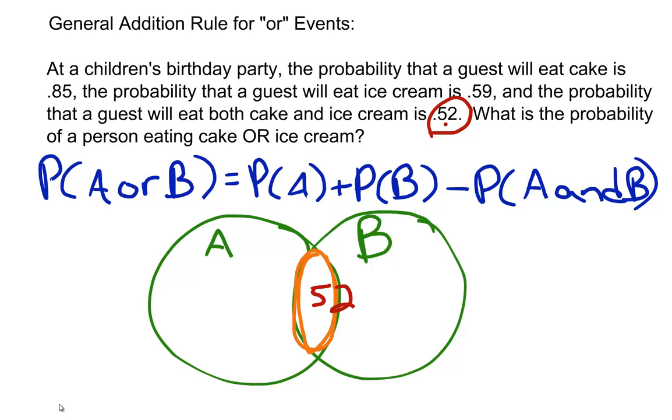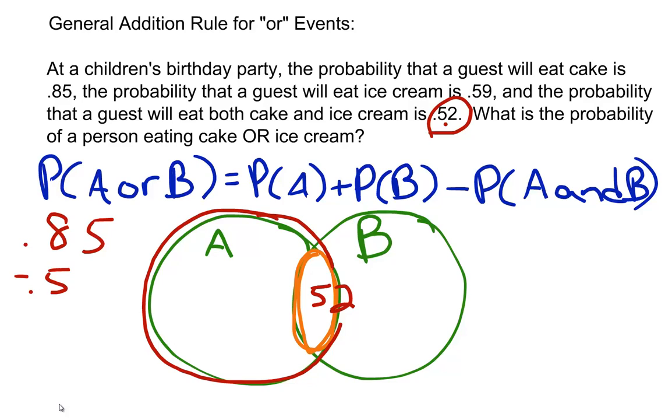Now, if the probability that a guest will eat cake is 0.85, and I know that my entire circle A represents the probability of eating cake, I can see that 0.52 is already accounted for. In other words, 0.85 minus 0.52 gives me the probability that a guest will eat cake only.